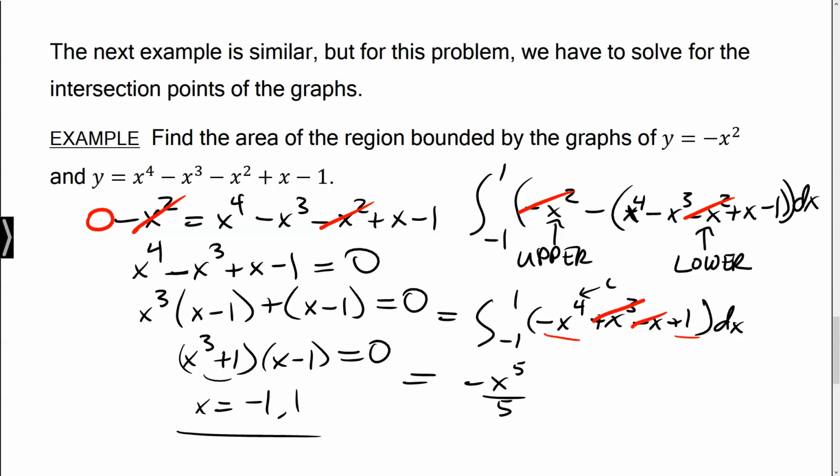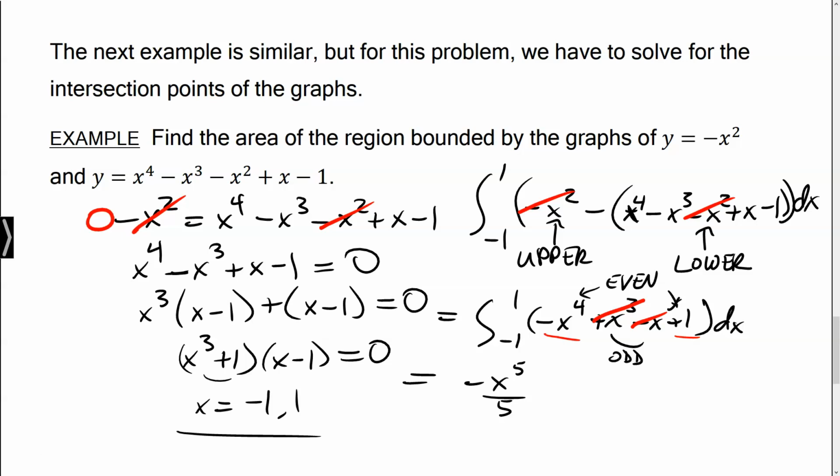These are even, and these two terms are odd. So the odd powered terms went away. For the even ones, we can actually integrate from just 0 to 1 as long as we double it. So when you're integrating an even function from minus a to a, it's twice the integral from 0 to a.